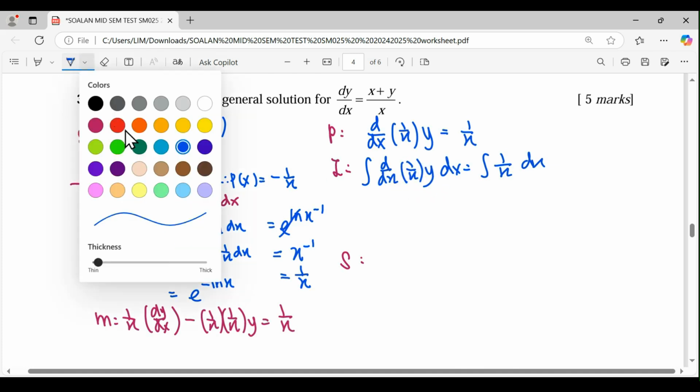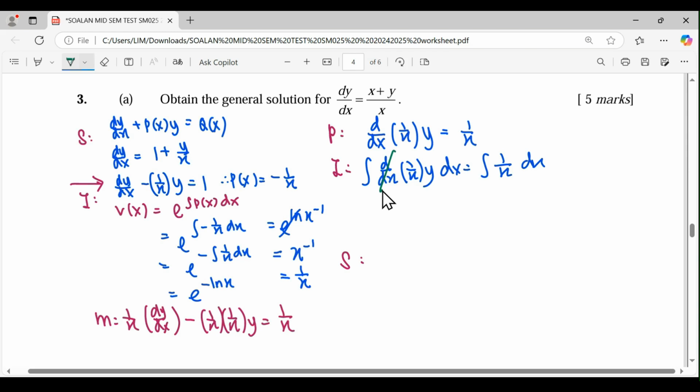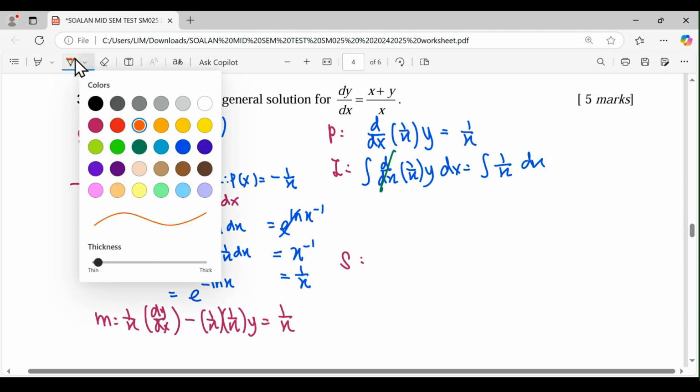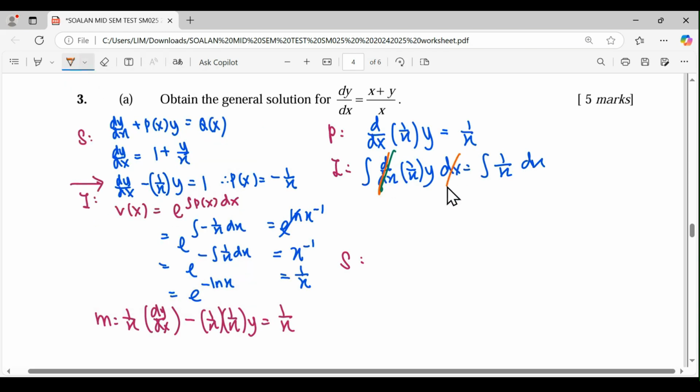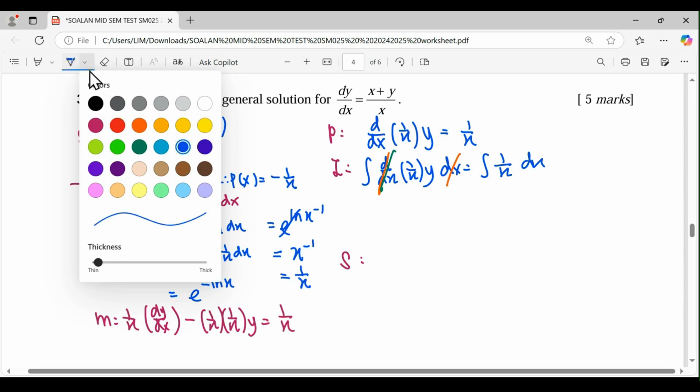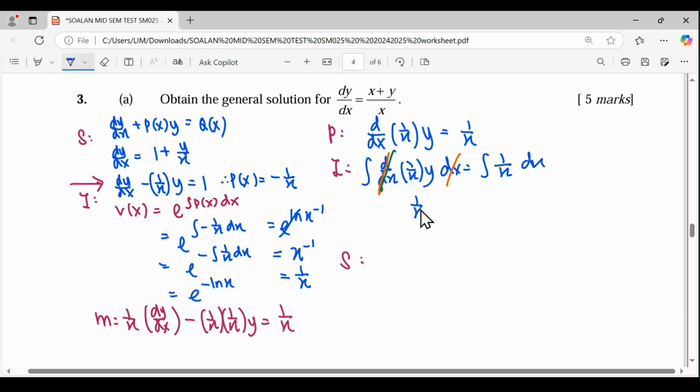When we integrate both sides, differentiate and the process of integrate will cancel each other. So it will give you 1 over x times y here. And integrate 1 over x, you get ln x plus c. So to get to your general solution, we must let y be the subject. So to get y to be the subject, your x needs to move to the right hand side, which means you need to times x with ln x plus c.